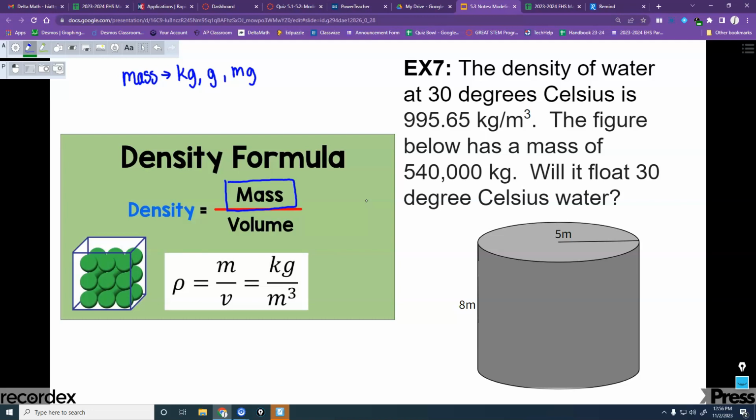Its weight could change. How could I change the weight of the calculator without changing the calculator? No, that would change the mass, but that would also change the weight as well. It's a little bit of a trick question.